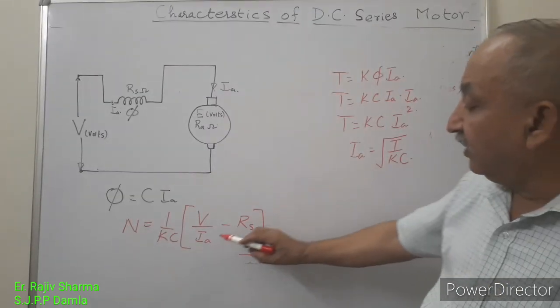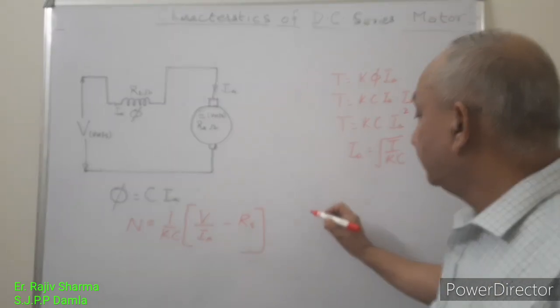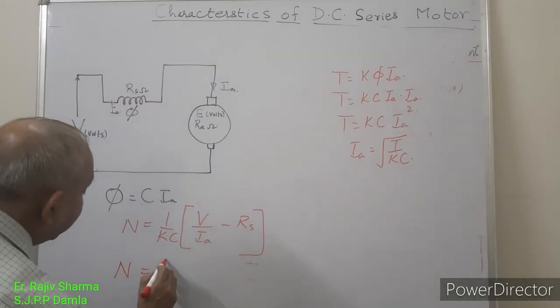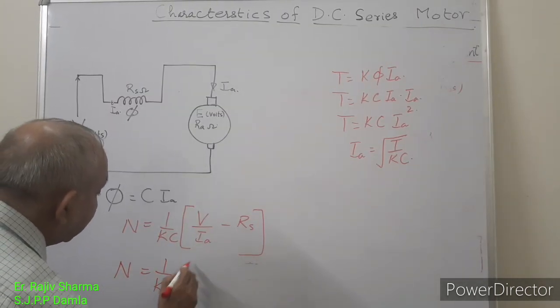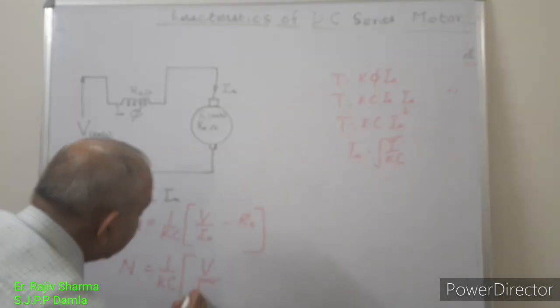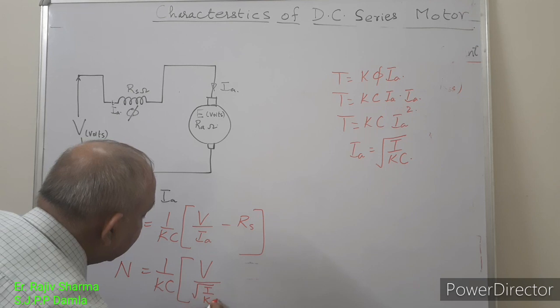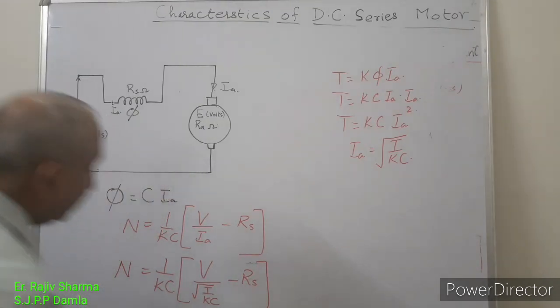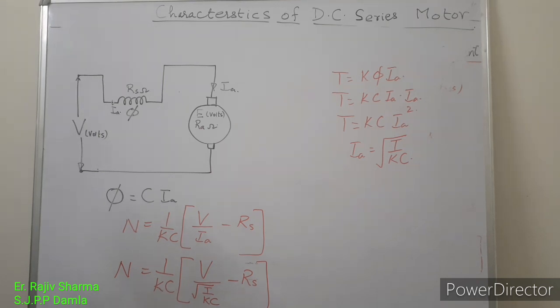Substituting the value of Ia in this equation, we get N is equal to 1 upon Kc into V upon under root T by Kc minus Rs. We have substituted the value of torque.